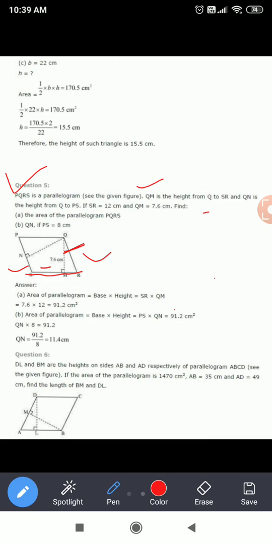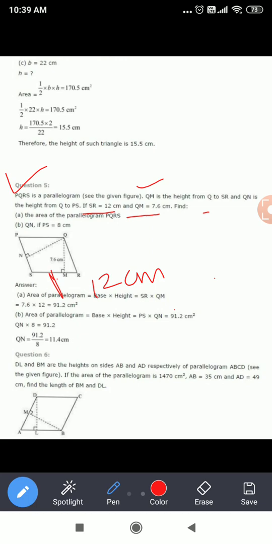And there is another height QN, which is on PS. Clear? SR is 12 centimeter. QM is 7.6 centimeter. SR has been given to us. This SR is 12 centimeter.